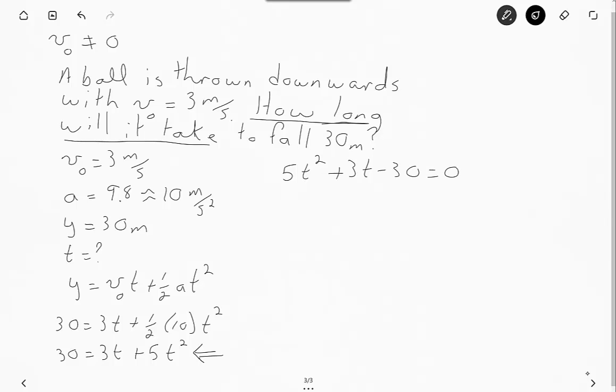Now the quadratic equation, remember, says that if you have a quadratic system like that, then you can solve it. So if you have ax squared plus bx plus c equals 0, then it says that x is equal to negative b plus or minus the square root of b squared minus 4ac all over 2a.